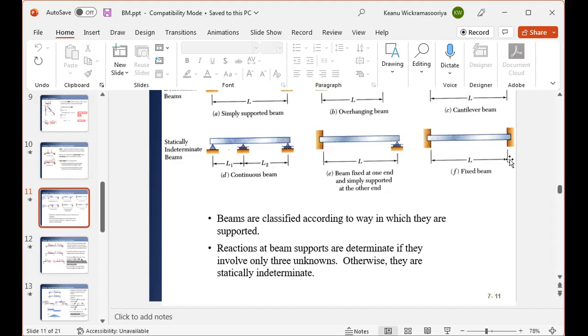Even this one, a fixed beam between two fixed supports, you need other conditions, either from the geometry or the constitutive equations, like Young's equation, something like that. We need extra equations if we come across such systems. Some may be from geometry, and some may be from other material constraints.